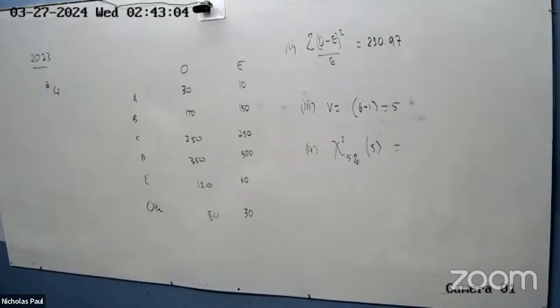Number 4B. Is it number 4B, right? Right, it's supposed to be a binomial. I think I told you it's a binomial.